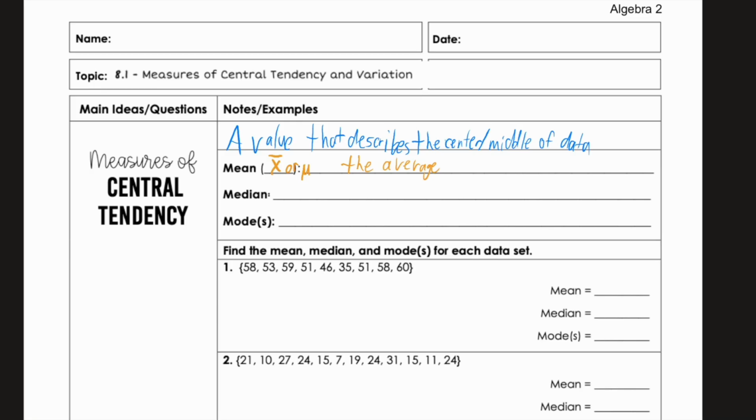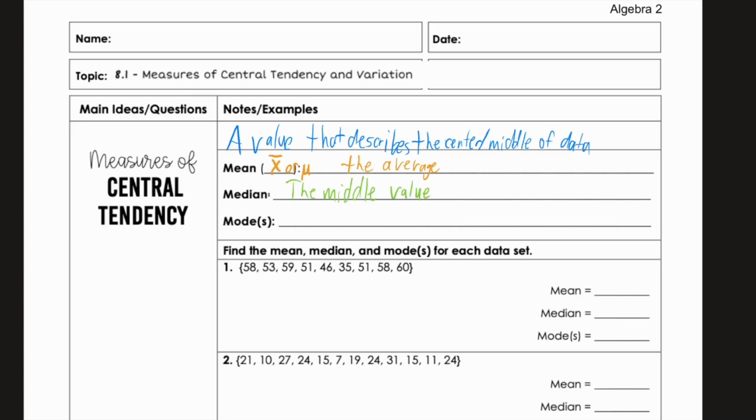Next is median, which does not have any sort of shorthand or abbreviation, except for maybe MED at times, I guess. And that is the middle value, found by lining all of the values up, least to greatest, and then finding which one's in the middle.